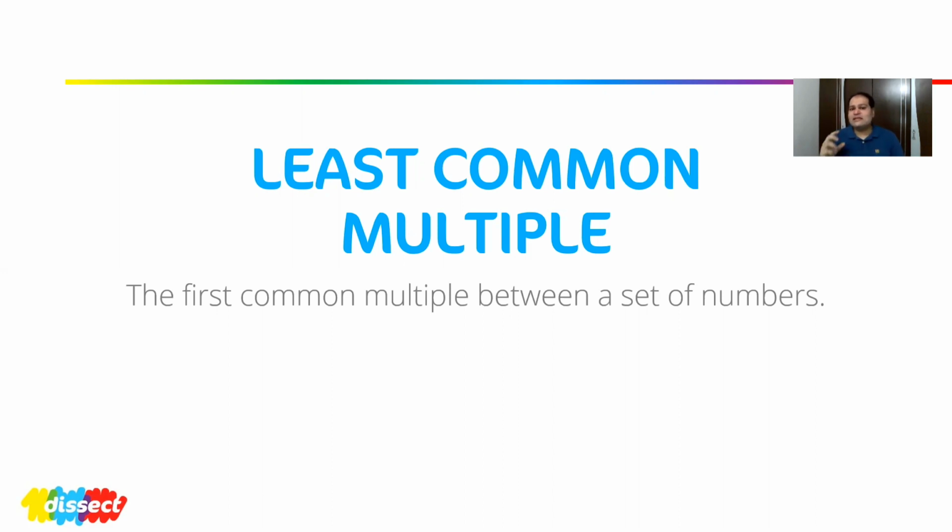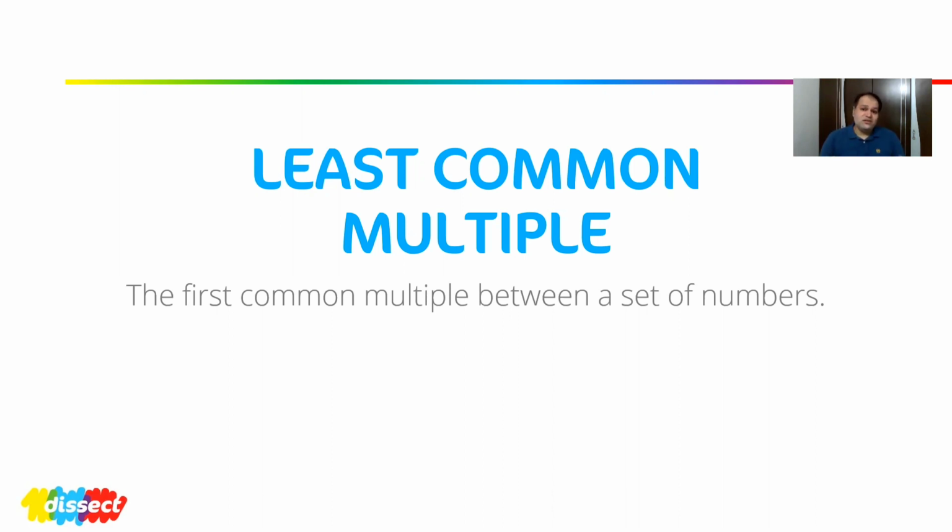In both their tables, 6 appears, and after that, the common multiples will again be 12, or 18, so on and so forth. But 6 is the first common multiple between 2 and 3. So the first common multiple between a set of numbers is the least common multiple. That is as simple a concept to understand as there is.